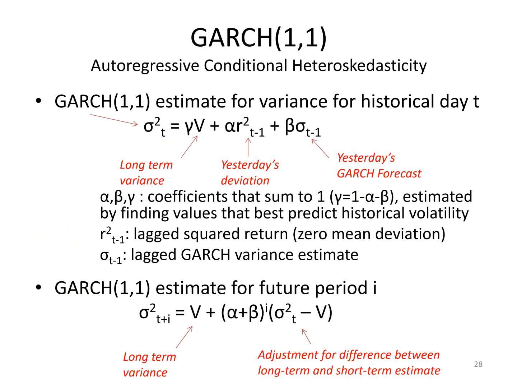Now the formula for GARCH looks a little complicated. My forecast for variance at time t, say day t, is some coefficient gamma times the long-term average, plus some coefficient alpha times yesterday's squared return, plus some coefficient beta times my forecast from the prior day.